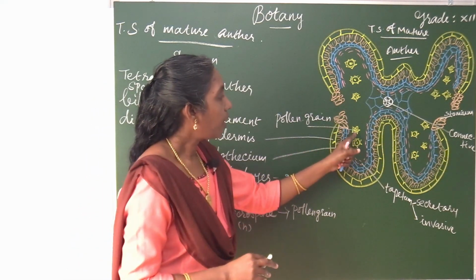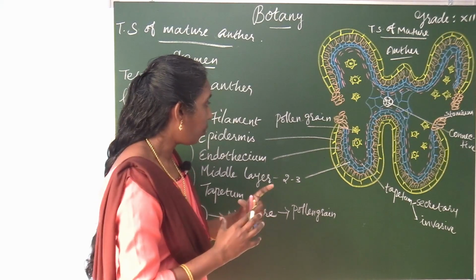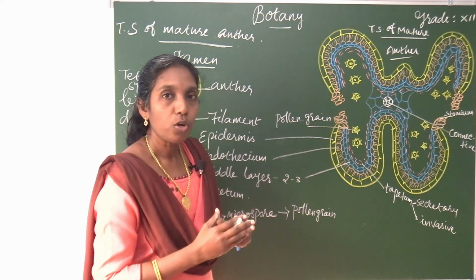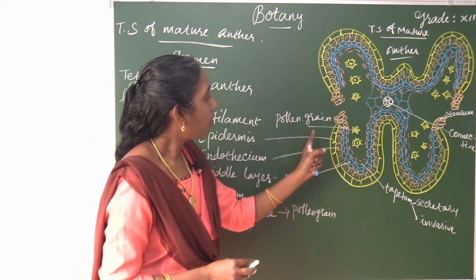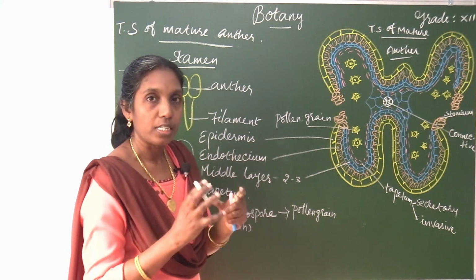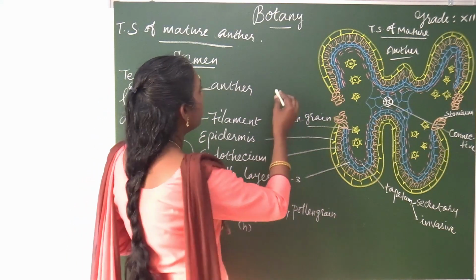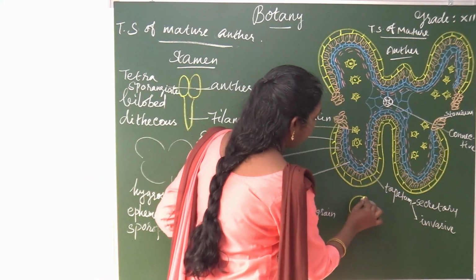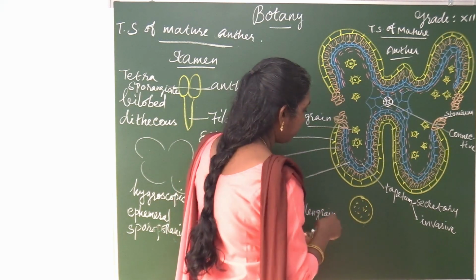The protoplast of the pollen grain consists of dense cytoplasm and a prominent nucleus.